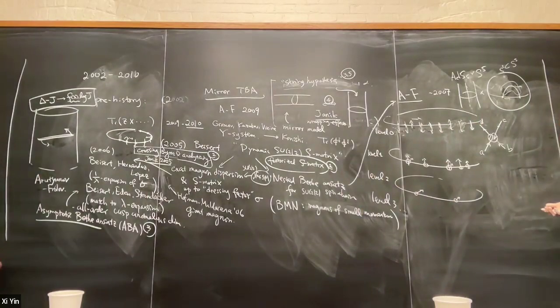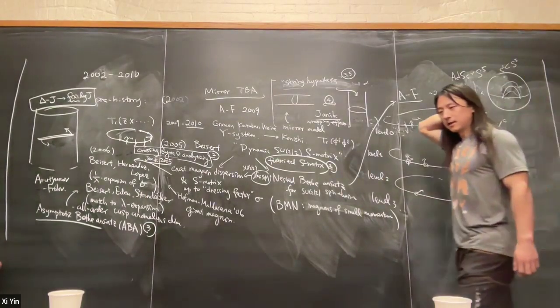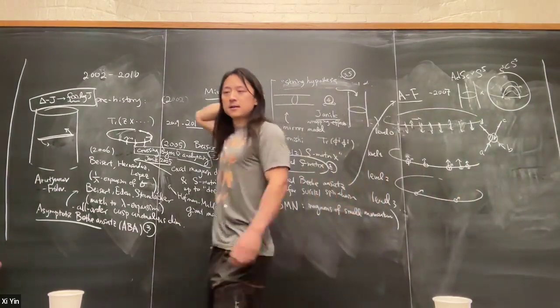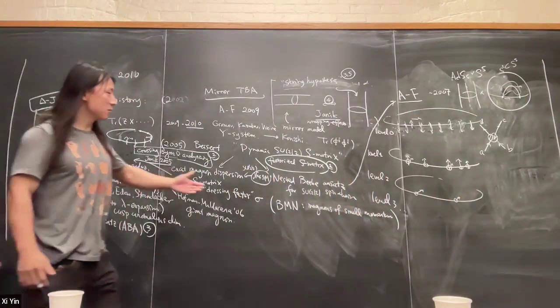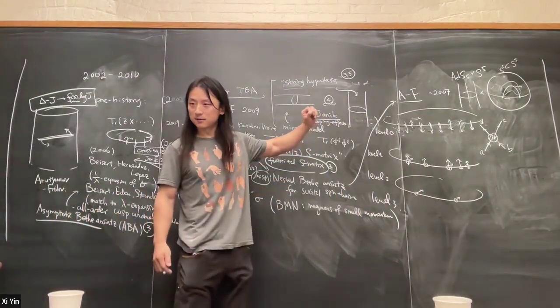Now, of course, if it's not a small momentum, let's say if you're going to the strong magnon picture, the PP wave limit is not enough, and you need the full worldsheet theory. But the BMN limit provides a kind of important hint as to what you should be looking for.